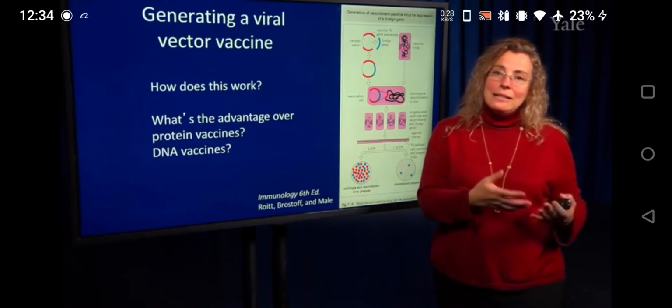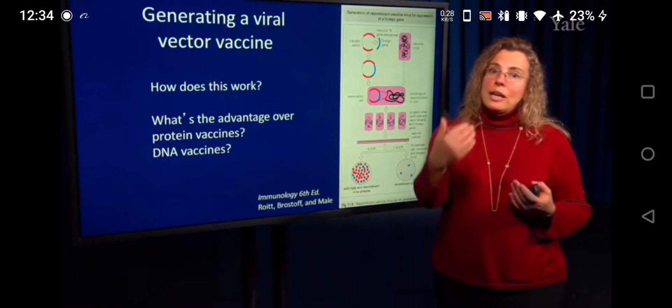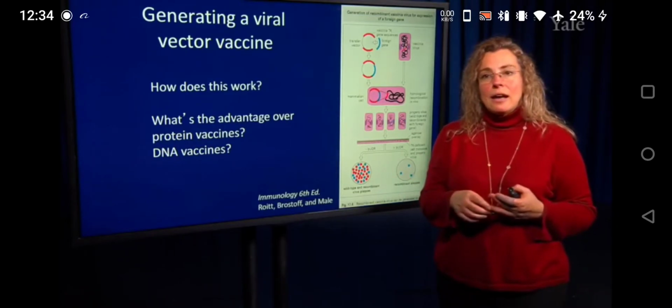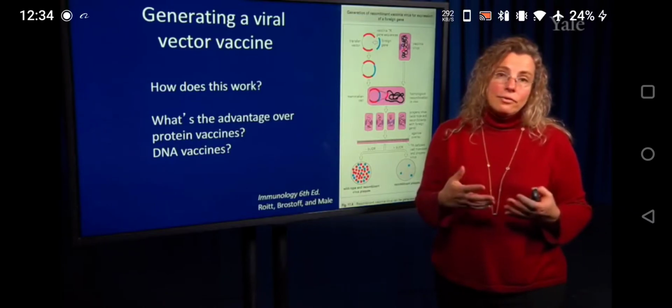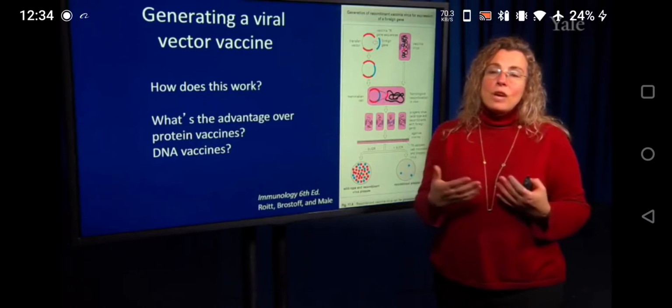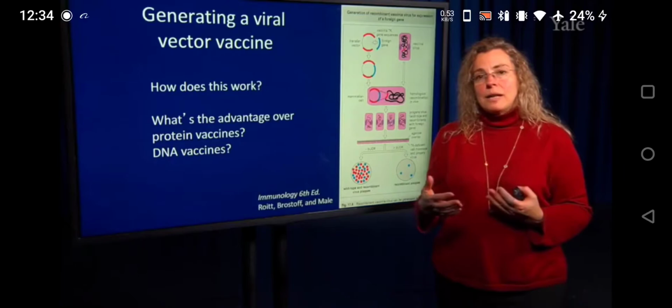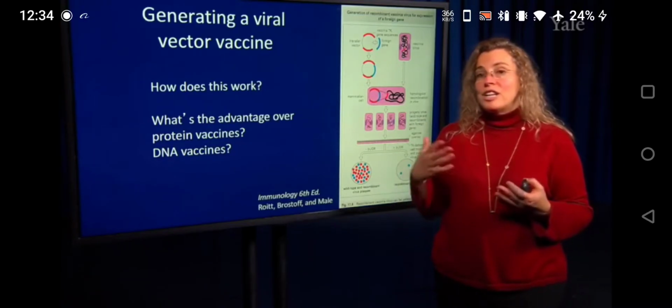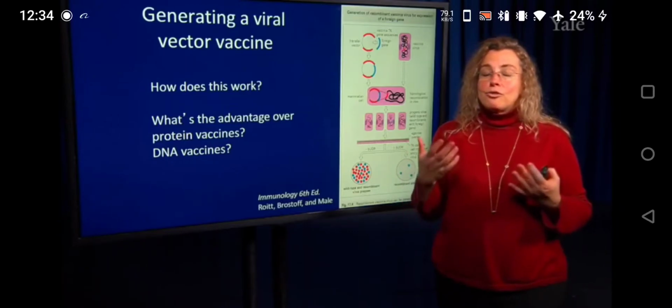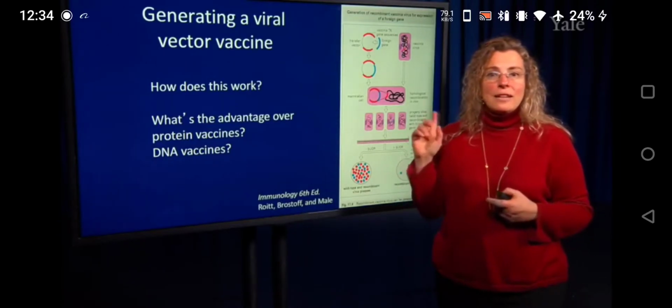With your innate cells at a barrier site where you get exposed to that infection, and then activation in lymph nodes, and generation of both T and B cell responses, and the generation of a memory response. And remember, we already know that we generate strong memory responses to this vaccinia virus.